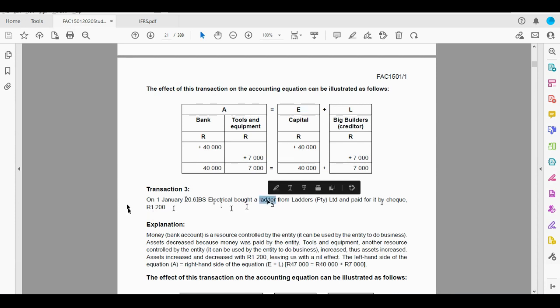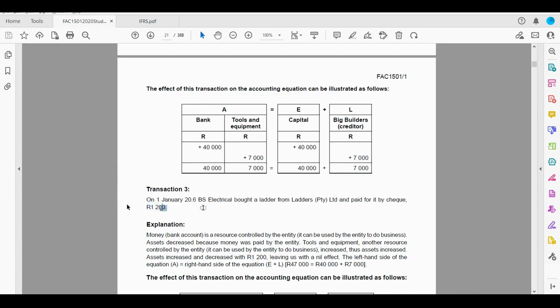And normally a ladder, you're not going to use it for just 1 year and then be done with it. You're going to use it for a couple of years. And he owns it, and there's value attached to it. To me, this also looks like an asset, this ladder, for 1,200.